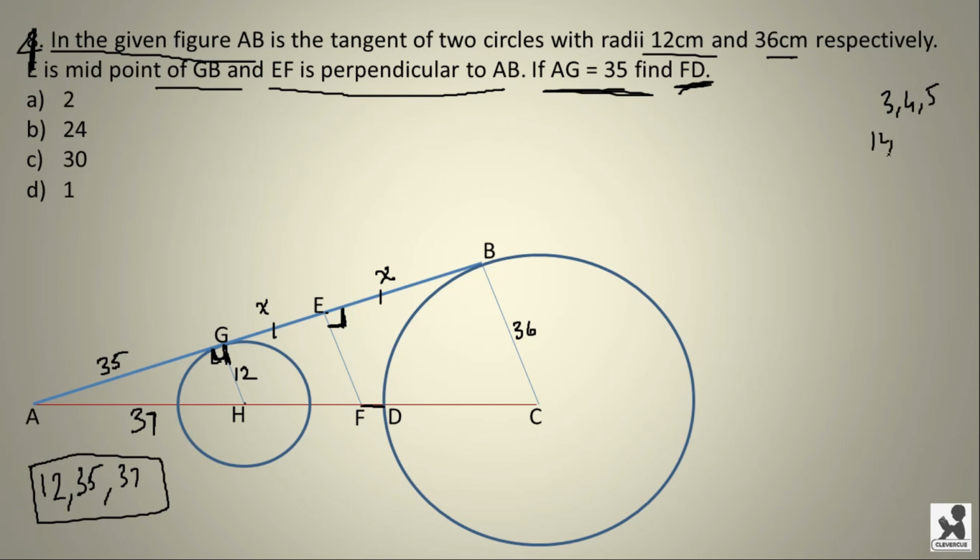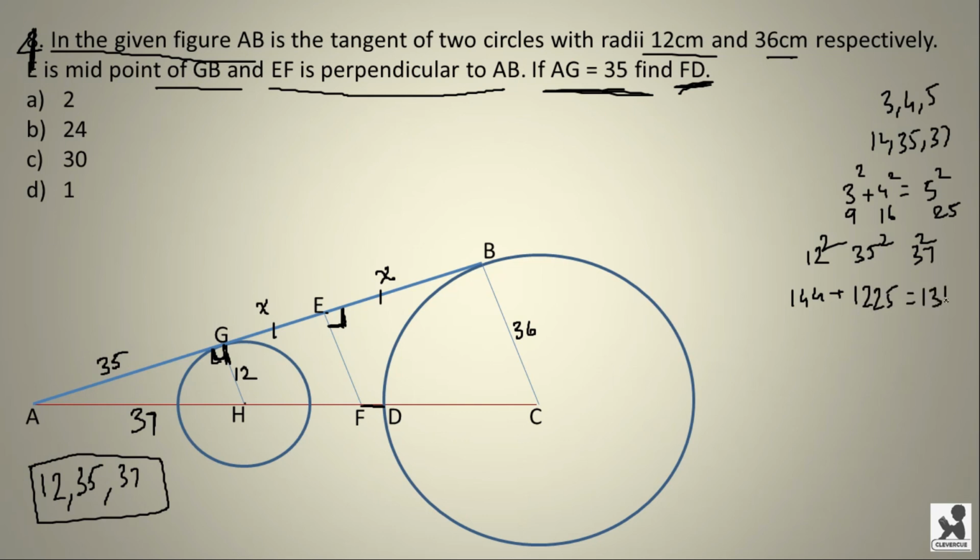See, 3 square plus 4 square is equal to 5 square. This is 9, this is 16, if we add, we get 25. Similarly, here 12, 35 and 37. These are squares: 144 plus 1225 is equal to 1369. So we have under root 35 square plus 12 square as 37.